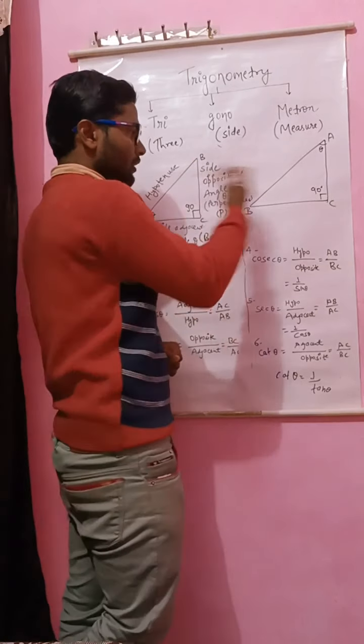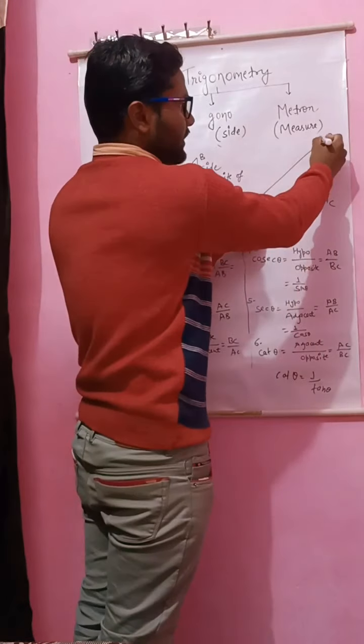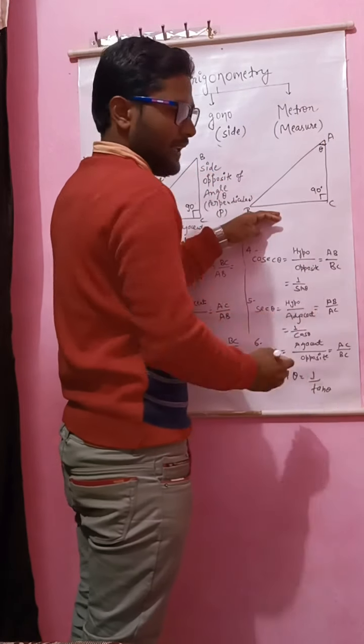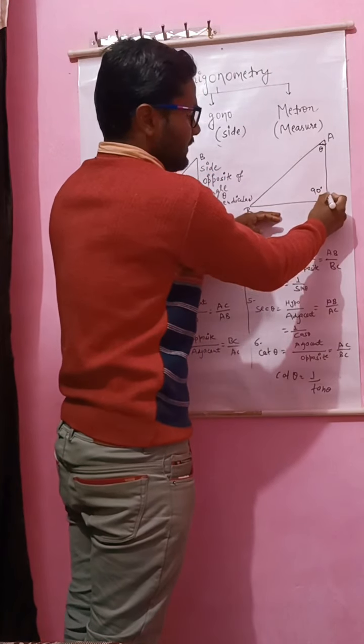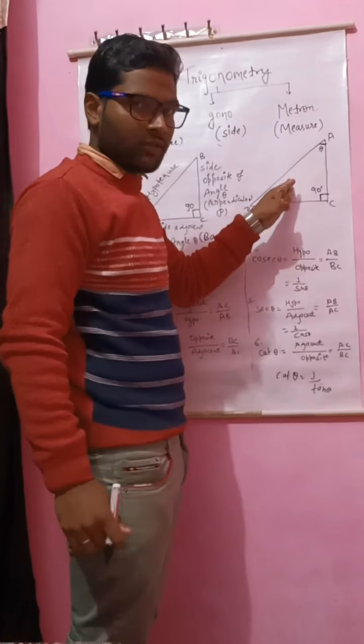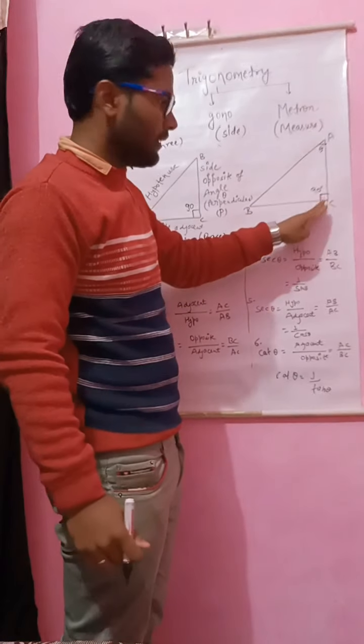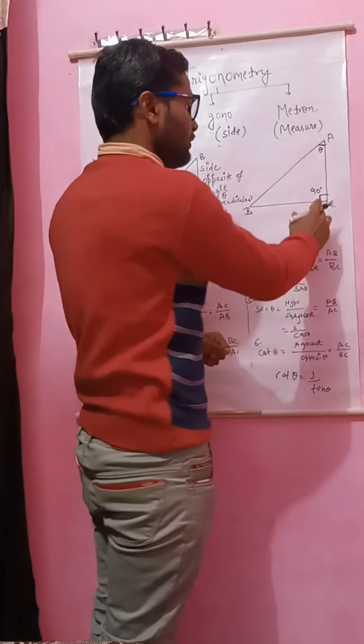Now also in this triangle we have assumed this angle theta and this angle 90. So this is also a right triangle because angle C is 90 degrees.